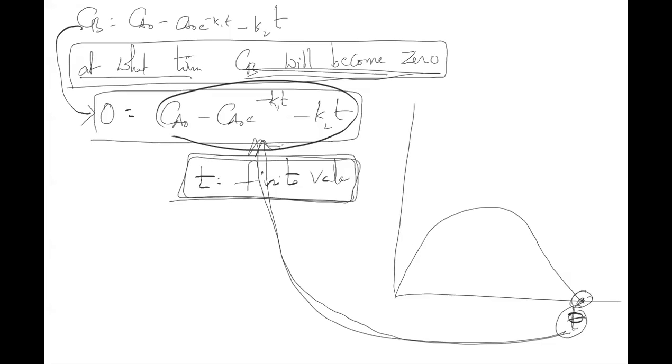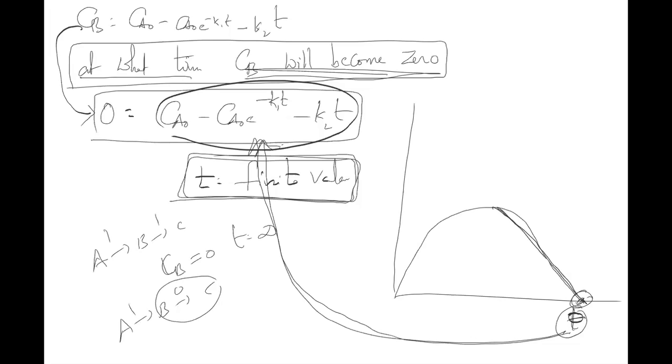Why is it becoming 0 at finite time? For A gives B gives C with first orders, CB is equal to 0 when t is infinity. Here, A gives B gives C, first order then 0 order. Why? Because this B to C is a 0 order reaction.